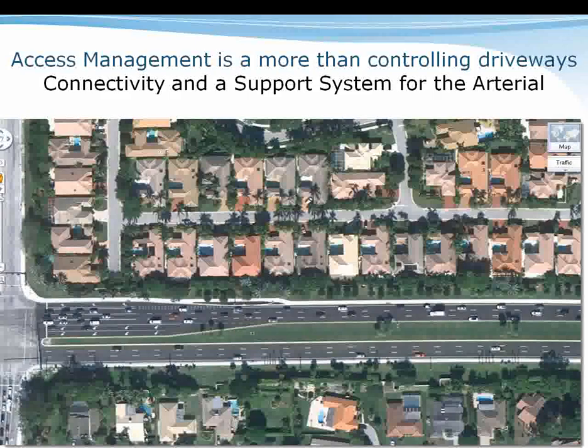This shows the concept that is at the base of access management, that the design of the access is dependent on the type of business or the type of property that it connects to and the type of road. You would not design the accesses to these houses on the top of the picture in the same way that you would design driveways serving businesses along the major arterial.